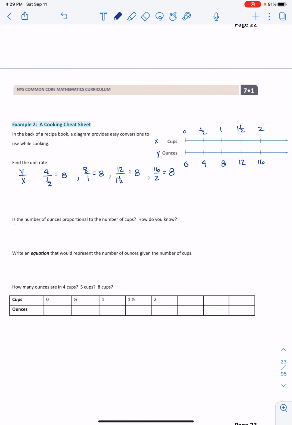Yes, because all the ratios simplify to the same number.